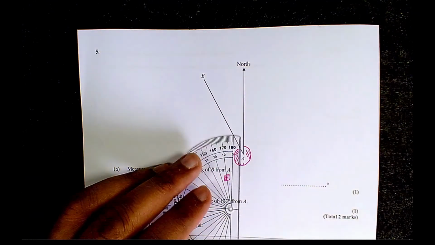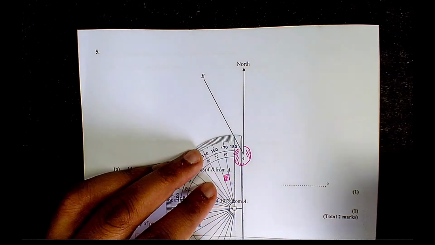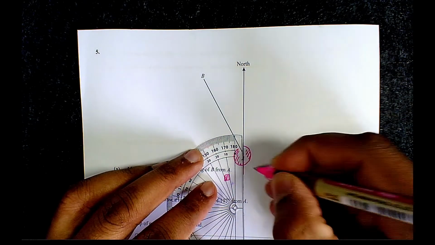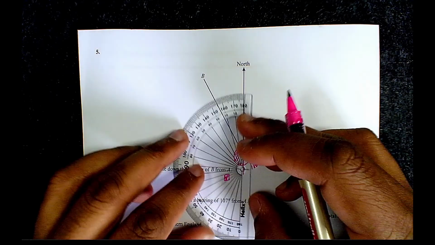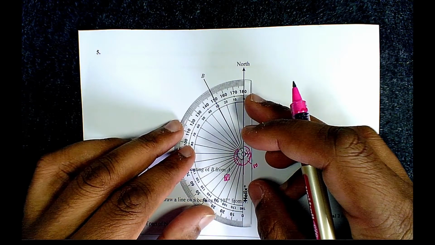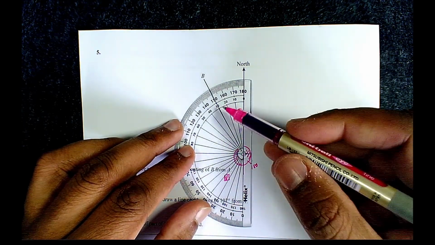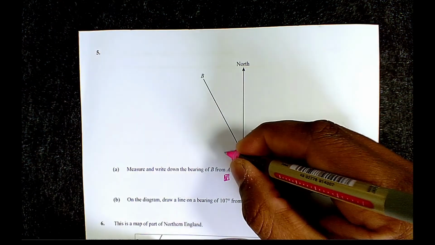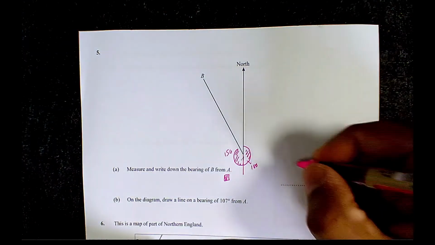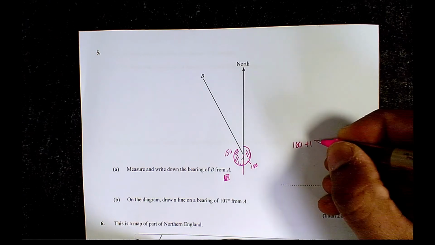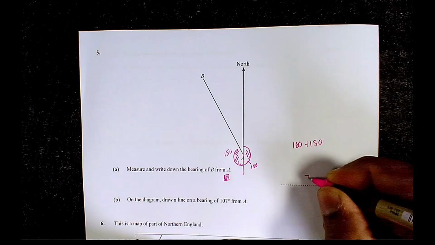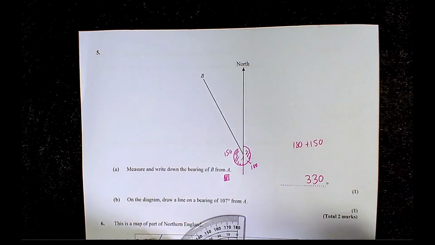So other ways you can do this is you could draw a straight line from north. We know that this is going to be 180, and then all I then need to do is measure what this angle here is going to be, which I make it out to be 150 degrees. So all I need to do is add 180 plus 150, and I get the answer of 330 degrees.